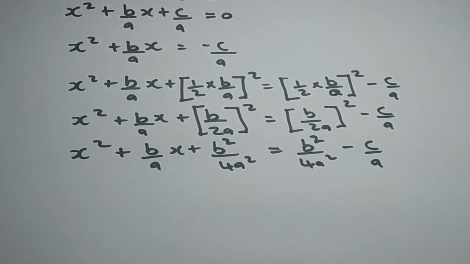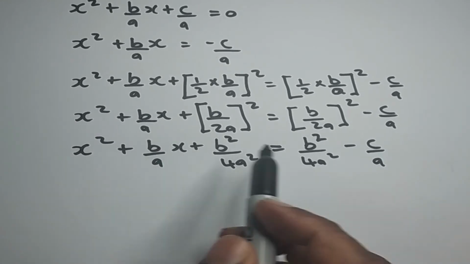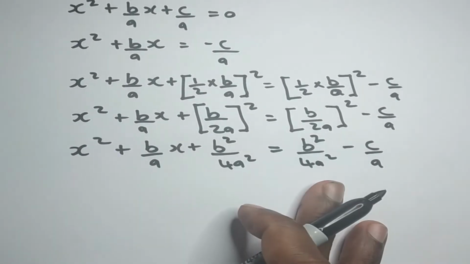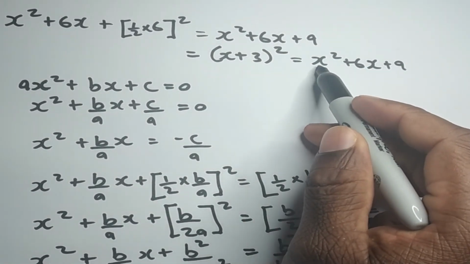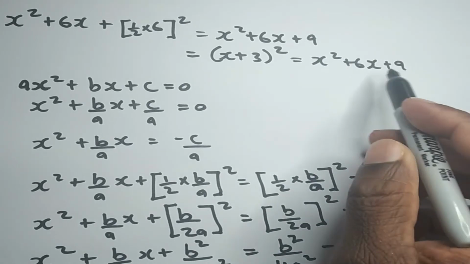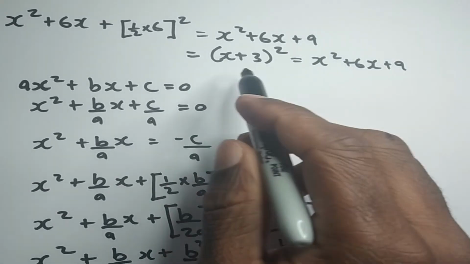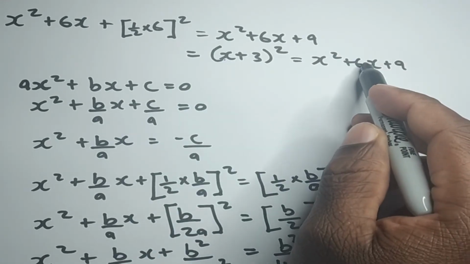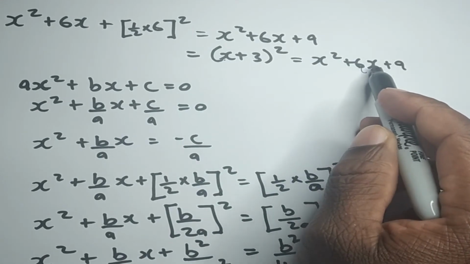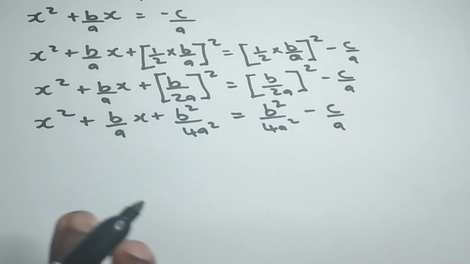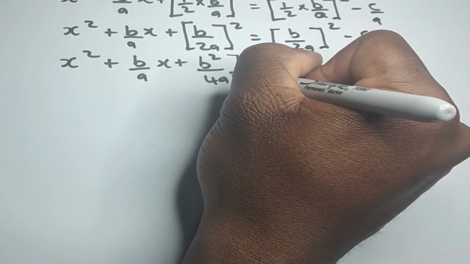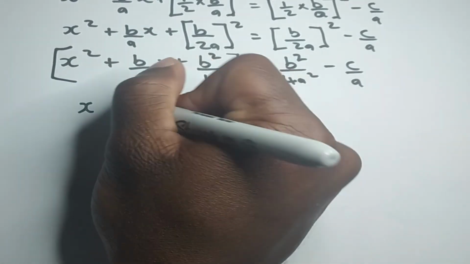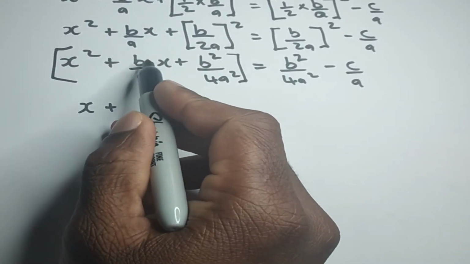Now what we want to do next is write this as a perfect square. What I want you to examine is the relationship here. Notice that when you had the quadratic equation, after we add the required constant, what you will have here is x plus half the coefficient of the x term all squared. We are going to do the same thing here. So all of this we are going to rewrite as x plus half the coefficient of the x term.